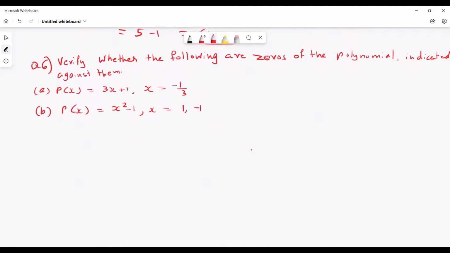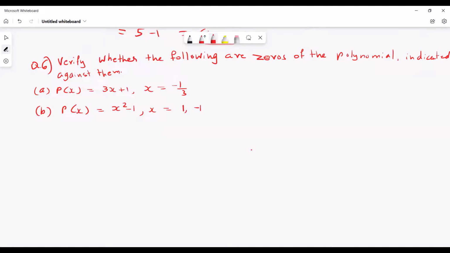Verify whether the following are zeros of the polynomial indicated against them. See, in question number A, p of x is given as 3x plus 1. How can we verify whether minus 1 by 3 is a root, otherwise zero, of 3x plus 1?